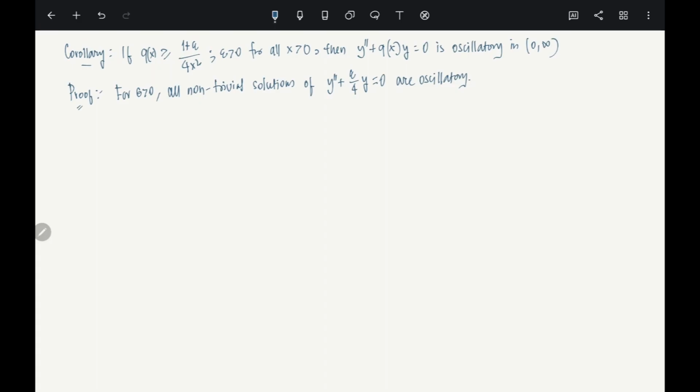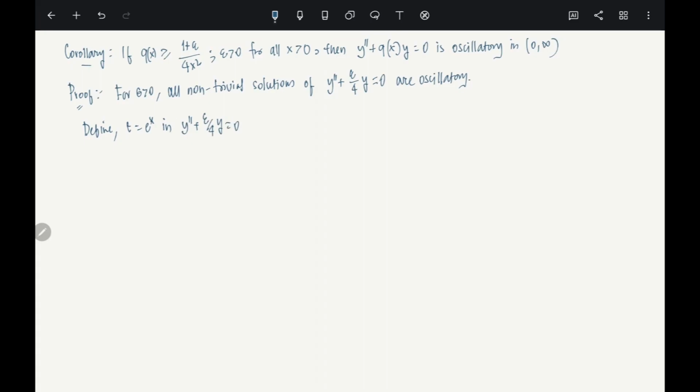This is trivial, the solutions are cosine and sine. So they are going to be oscillatory, no problem. Now define a change of variable, t equals e to the power x, in this equation, y double prime plus epsilon by 4 y equals 0.